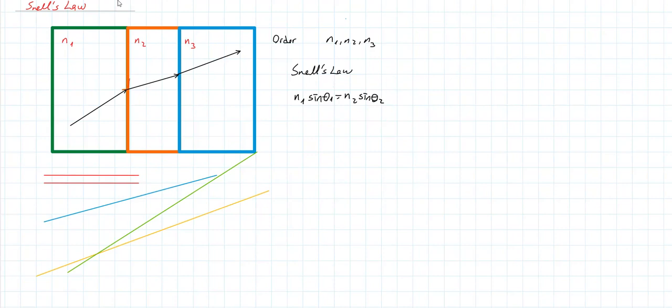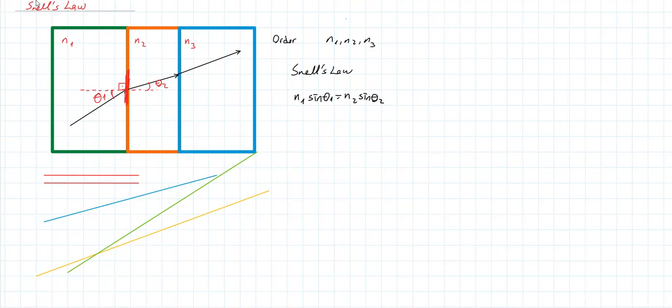Here, I will first look at this interface, the interface between medium 1 and 2. As you know, we look at the angle with respect to the surface normal. So I draw the surface normal. Actually, I prepared the lines here, but it's okay. And see if this angle, let's say theta 1, is greater or smaller than theta 2. As you can see, it's greater. Theta 1 is greater.